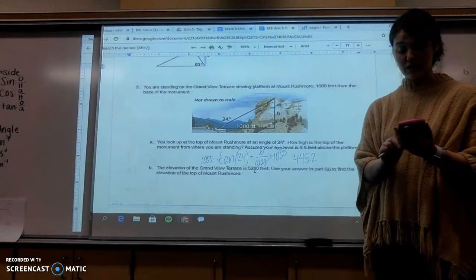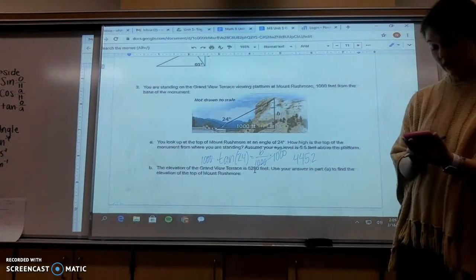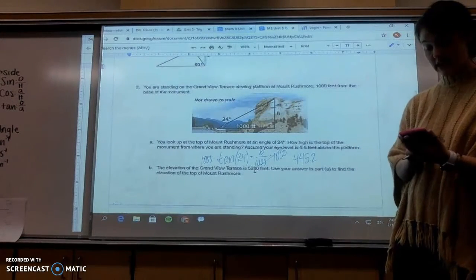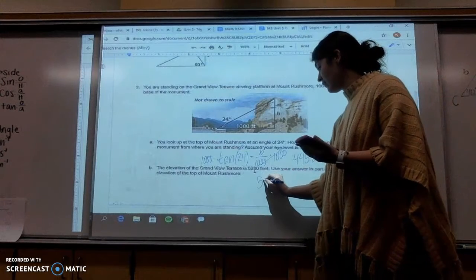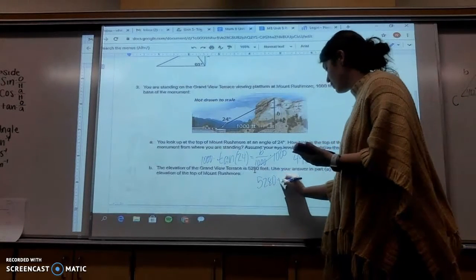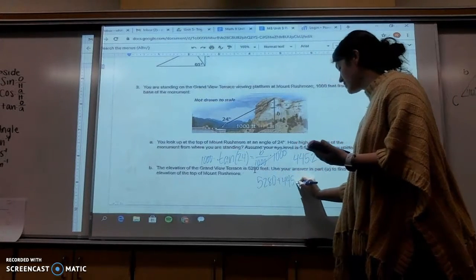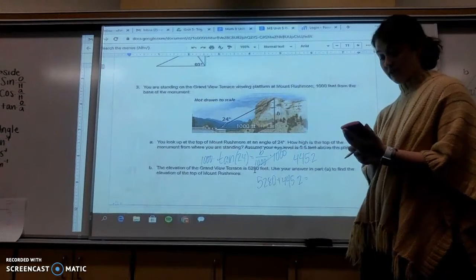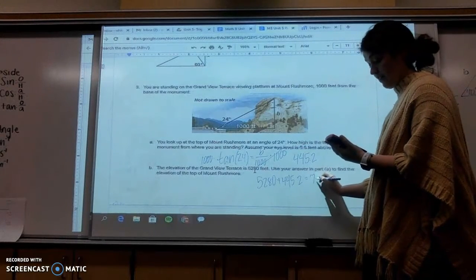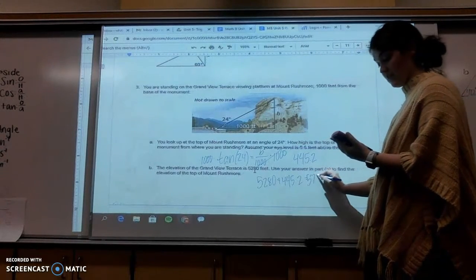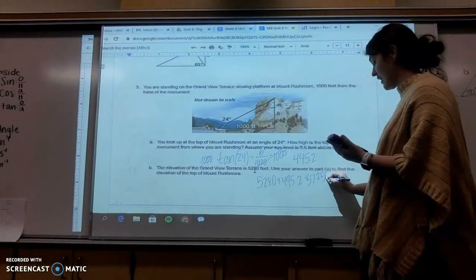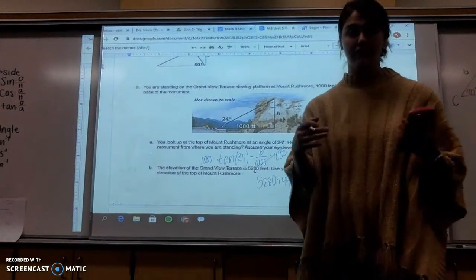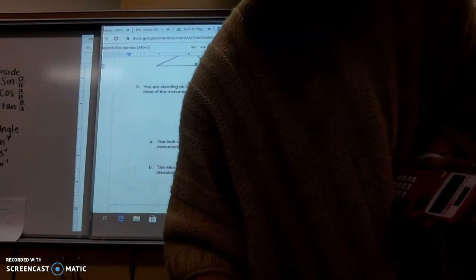So I'm going to take that total, add it to my 5280. So from where I'm standing, 5280 plus 445.2 is going to give me 572 feet. So that's how tall it is above sea level. That's elevation.